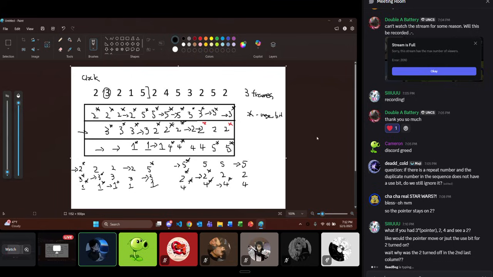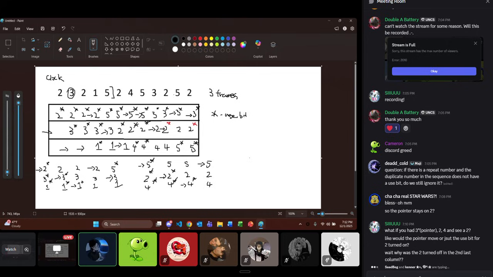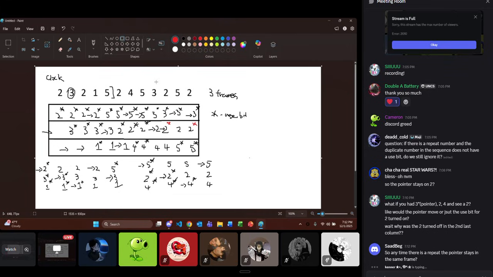Wait, why was the 2 turned off in the second last column? Right. So okay, I'll write this in another area. We're at this part right here, and this part right there.